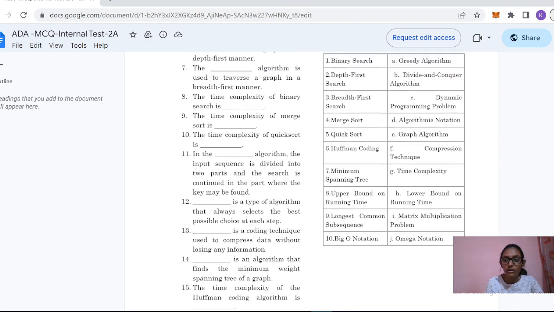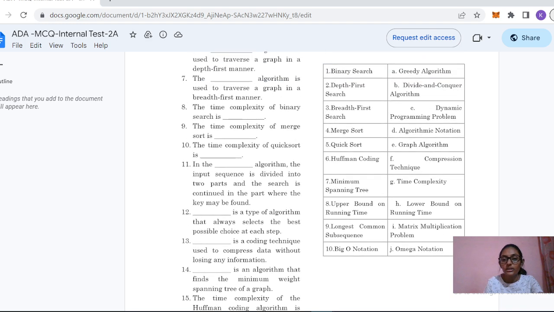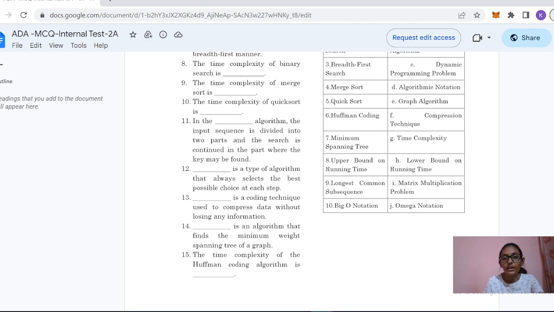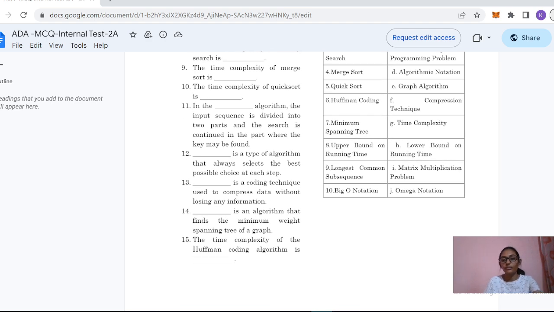Huffman coding is a greedy algorithm, so it is matched to option A, greedy algorithm, and it can also be matched with option F, that is a compression technique, because Huffman coding is also defined as a file compression or data compression technique.